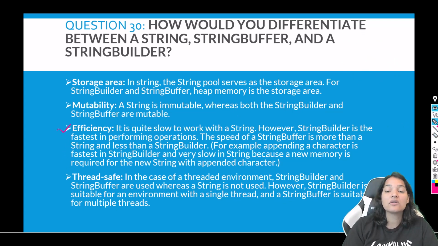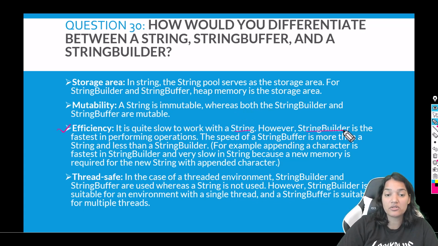Efficiency. A String is always immutable, so it is not that efficient if you have to modify it, because it will end up taking new space in memory to create a new string. Whereas with StringBuffer and StringBuilder, you can modify the same string, so they are more efficient as compared to String. It is quite slow to work with a String.